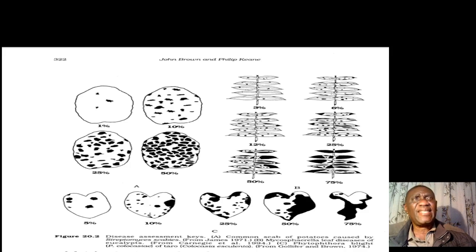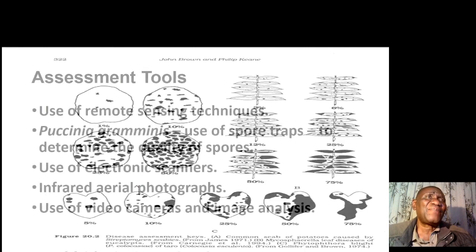Now, if you look at the individual leaf with those spots, they can be scored so that we come up with a number and say this is 2%, 5%, or even 50%, depending on how we are seeing, because we'll be comparing those spots to the actual leaves, and give percentages.